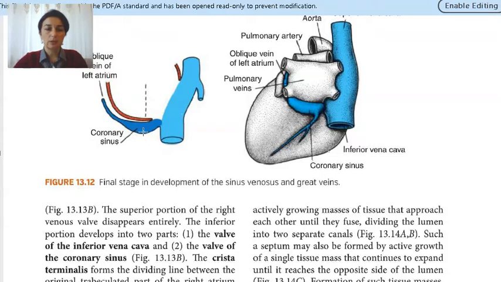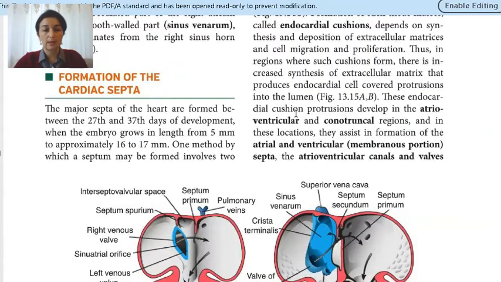That is all that remains from the left horn, and it will open into this vein which will form the inferior vena cava, and the initial part of the sinus will be incorporated into the atrium.